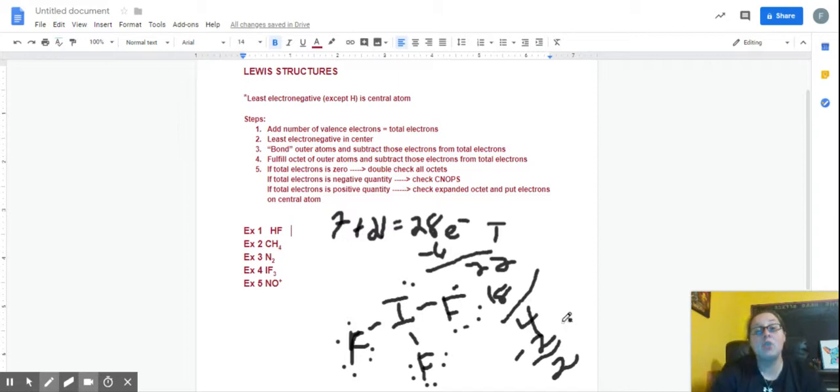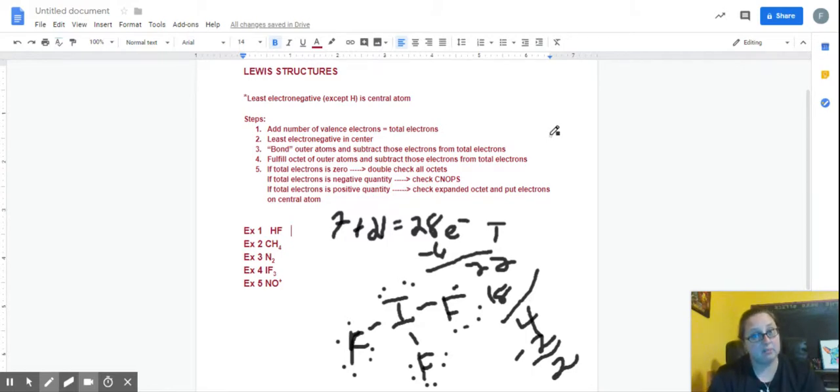Now I still have 2 electrons remaining. If that's the case, check iodine and ask yourself, can he have an expanded octet? Well, yes, he can. The reason is that he's in the 3rd energy level or greater, meaning he can expand his octet. He has d orbitals available. So these 2 extra electrons are also going to go on the central atom.